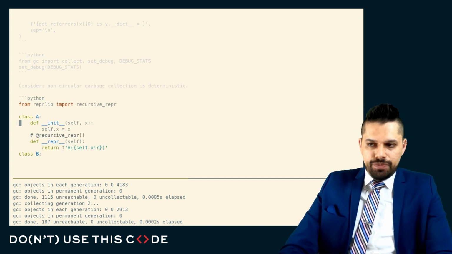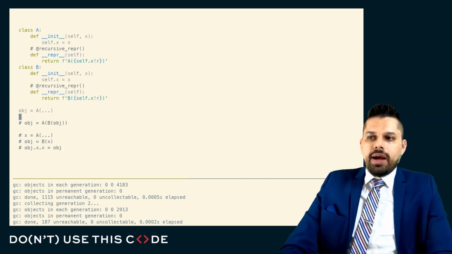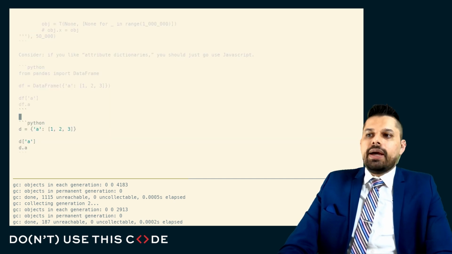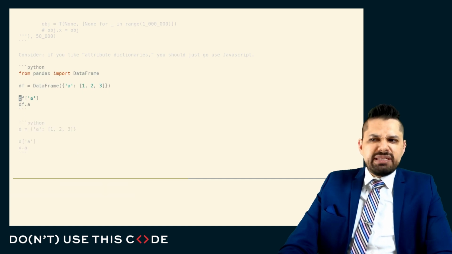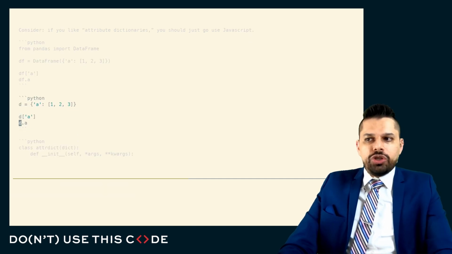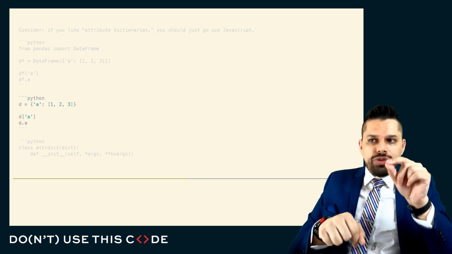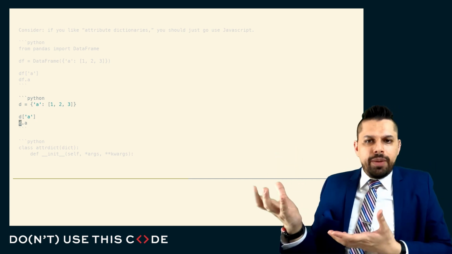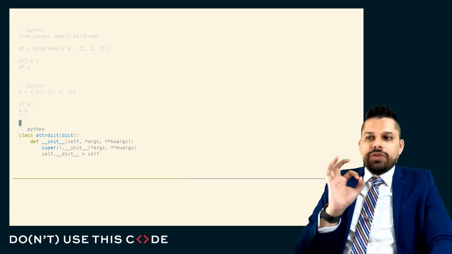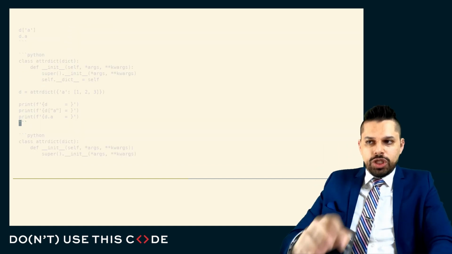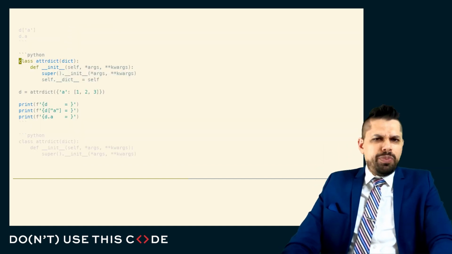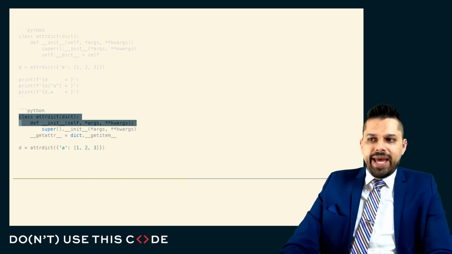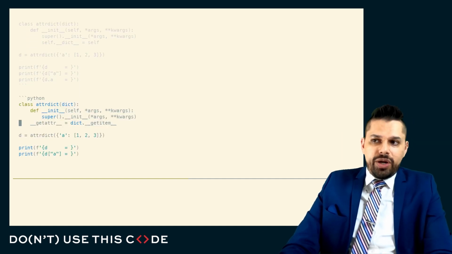In the VIP session, what we're going to talk about is a really interesting example where somebody tries to implement what's called an attribute dictionary. Some sort of dictionary-like structure where you can use a square bracket lookup or the dotted lookup to access the same attribute, just like you can do in JavaScript or on a pandas data frame. There are two canonical implementations of it: one from a cookbook that seems to be floating around the internet, and one that actually works and is a better implementation.